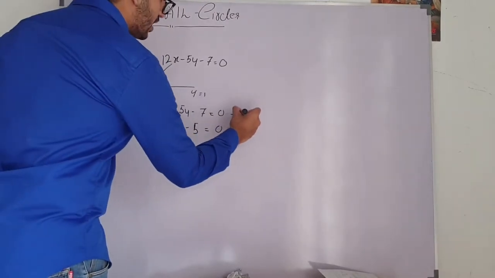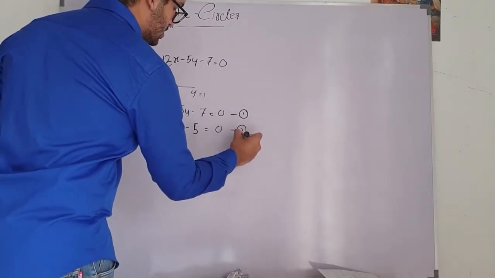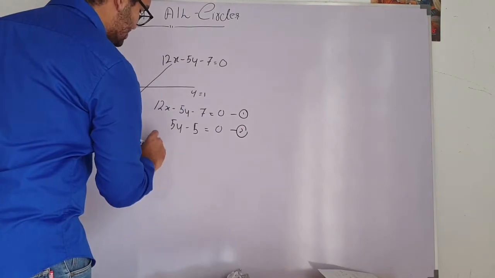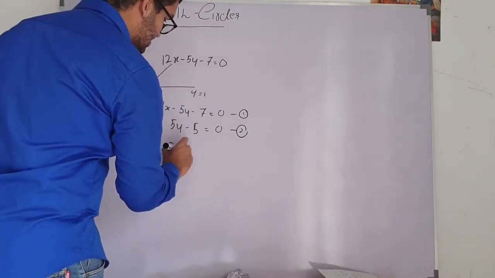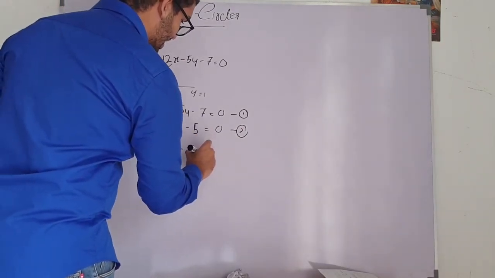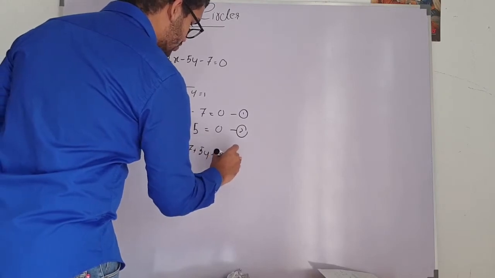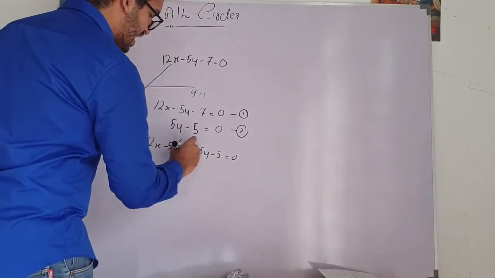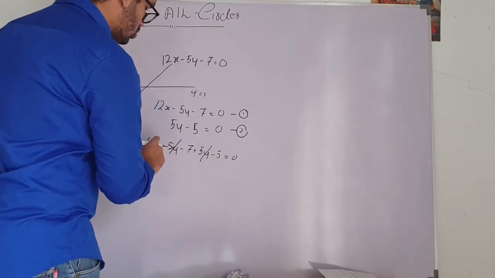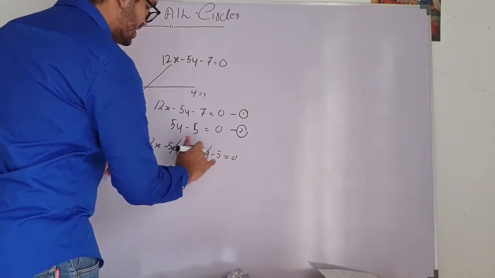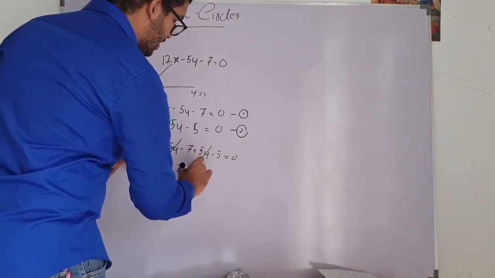Now if you take these two equations, 1 and 2, you can add them: 12x minus 5y minus 7 plus 5y minus 5 equals 0. So the y terms cancel off, giving 12x minus 12 equals 0, so x equals 1.